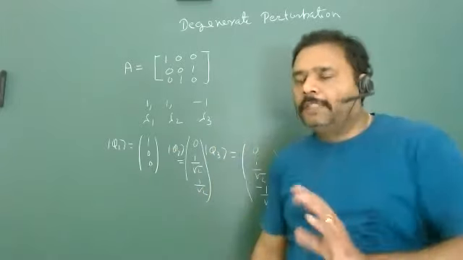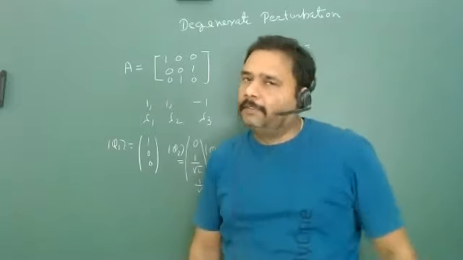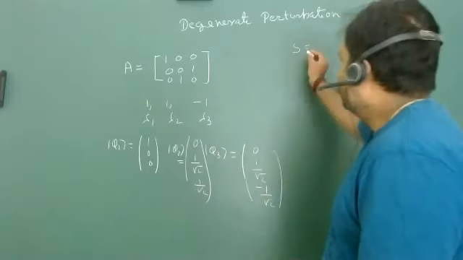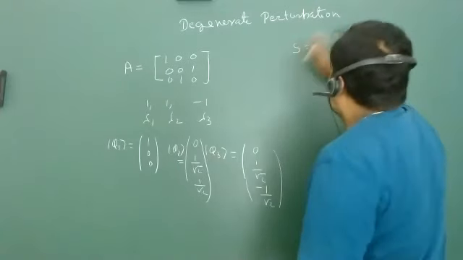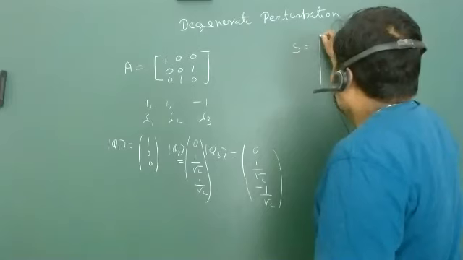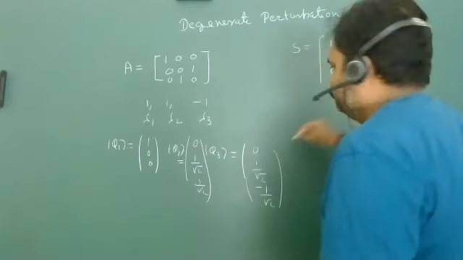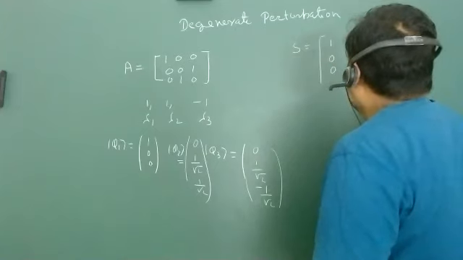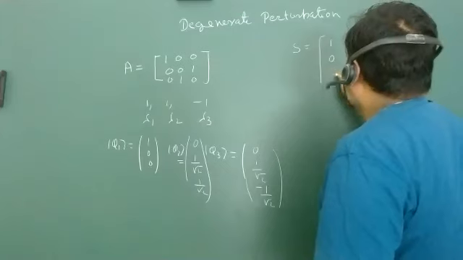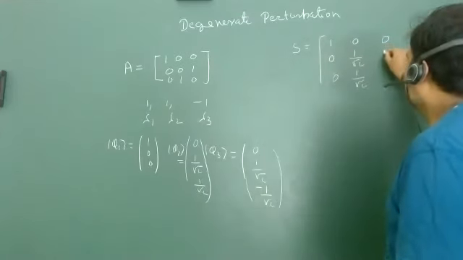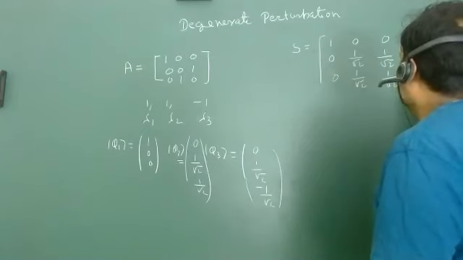If you have any confusion, go to your tools class where we discussed it nicely. The S matrix is 1 0 0, 0 1 by root 2 1 by root 2, 0 1 by root 2 minus 1 by root 2.